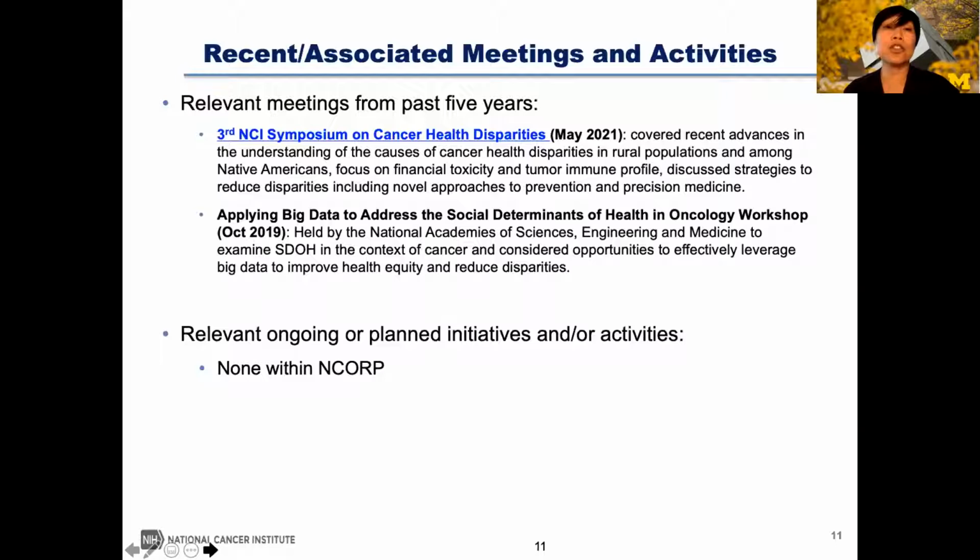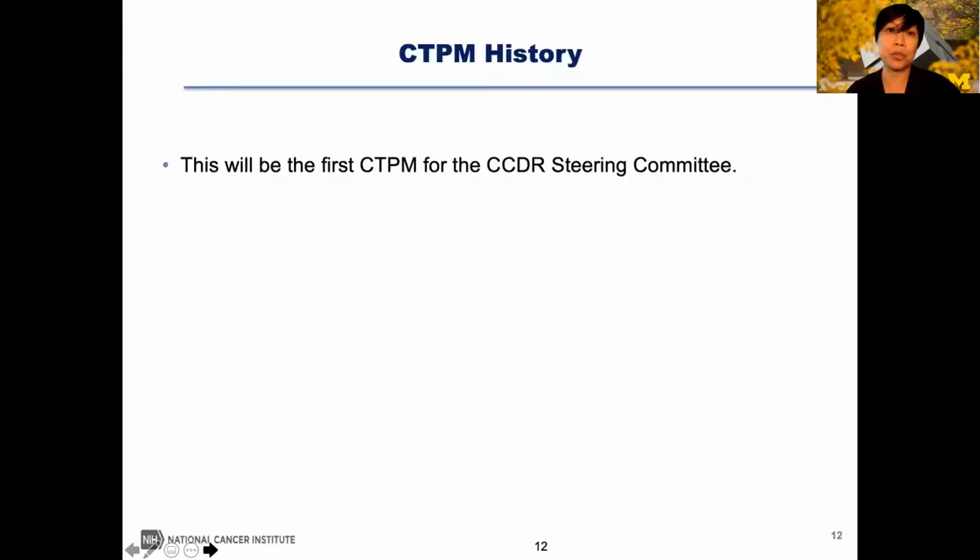There is a third being convened and organized by Brenda Ajay, looking at health-related social needs, that will be hosted in the next couple of weeks. There are no other competing initiatives or activities within NCORP along the lines of an umbrella trial as we have proposed.